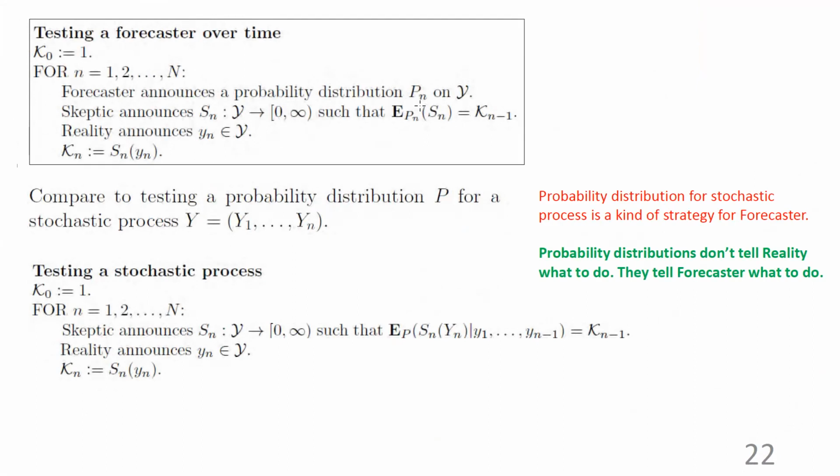Sure. So that's right. If we interpret this as living in Kolmogorov's axiom world, if we interpret a probability distribution as being in Kolmogorov axiom world, then the bet here should be a measurable random variable with respect to P. Yes.